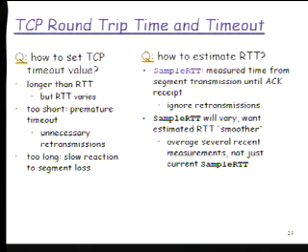To implement a timeout mechanism, you need to set the timeout value. So how do you set the timeout value for TCP? Well, in our discussion a couple of lectures ago, we agreed that it has to be longer than the round trip time.